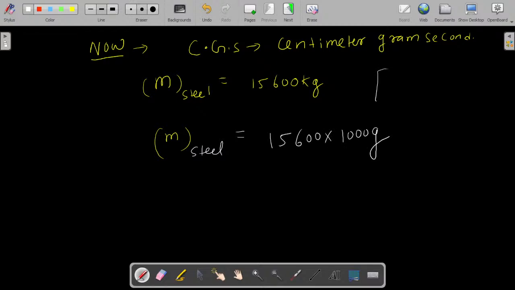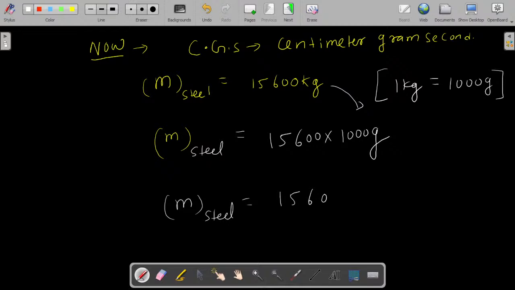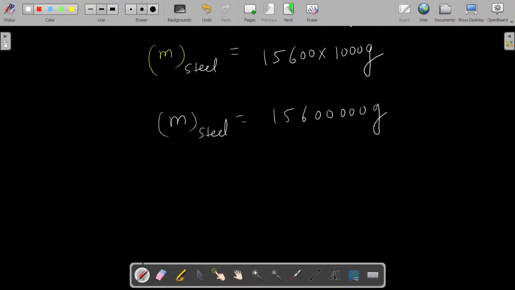Write down in bracket, 1 kilogram is equal to 1000 gram. For converting kilogram into gram, we have to multiply it. So what is the value of mass of steel? It's 1560000 gram.